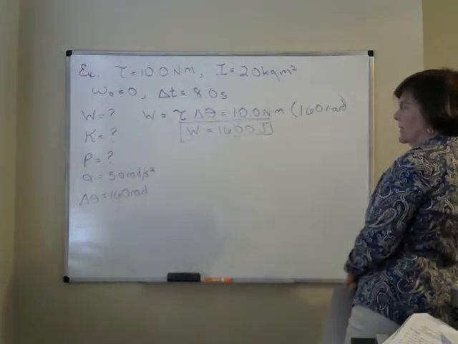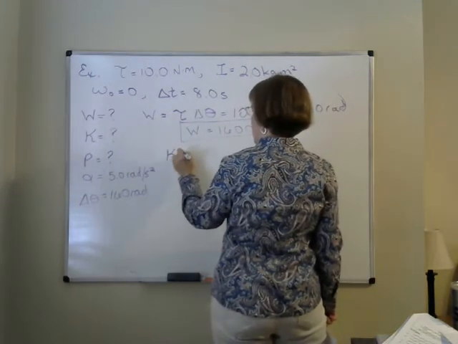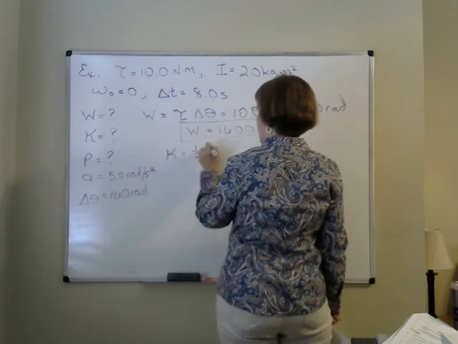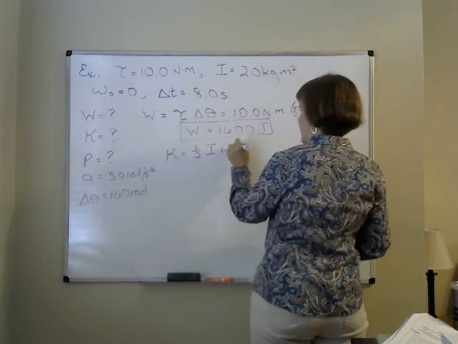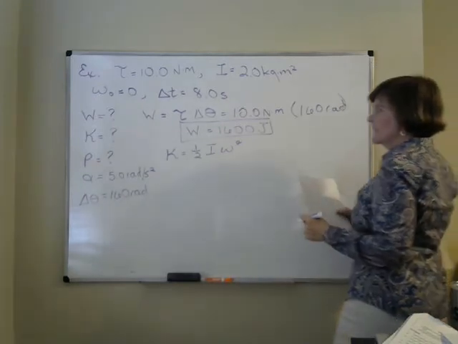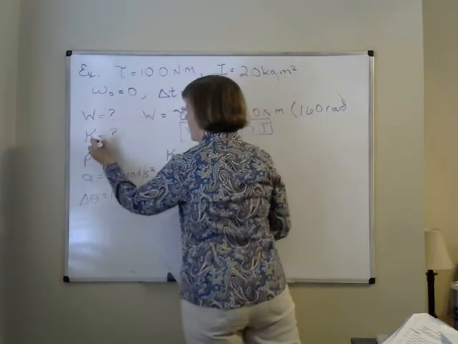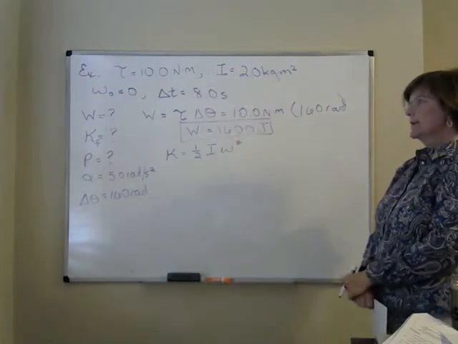Pretty straightforward. Our kinetic energy is 1/2 I omega squared. Uh-oh. Let's see. It wants to know the final kinetic energy. There's two ways I can do this.